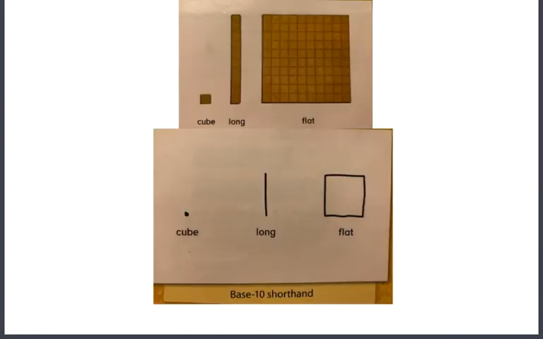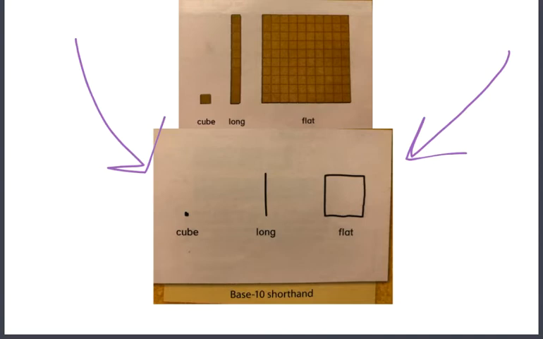We will be doing lots of drawing of base 10 blocks in second grade, but we will be doing something called base 10 shorthand, and it looks like this, where our flat will be a big square. We'll just draw a long line for the long, and a teeny tiny little square or circle for the cube. And that's how we will draw base 10 blocks. It's called base 10 shorthand.